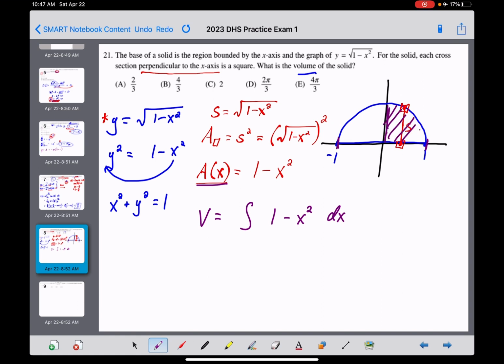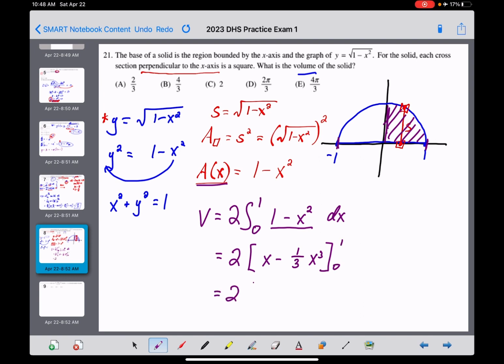If you cut this region in half, we only have to integrate it from 0 to 1, but then we have to double that result. That's going to be a lot easier than worrying about negative 1 being put into our antiderivative. So I'm going to have a 2 right here. We are going to anti-differentiate 1 minus x squared to get x minus 1/3 x cubed. Gotcha. And we're evaluating all of that from 0 to 1.